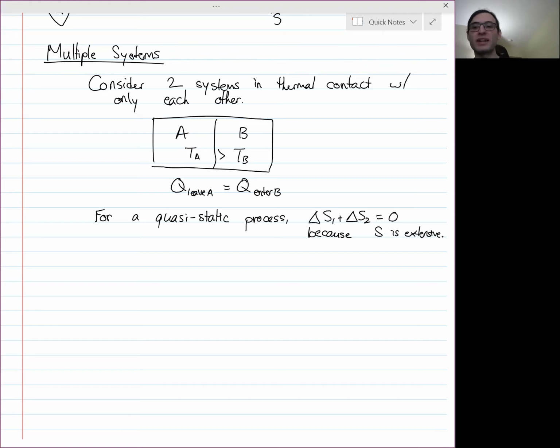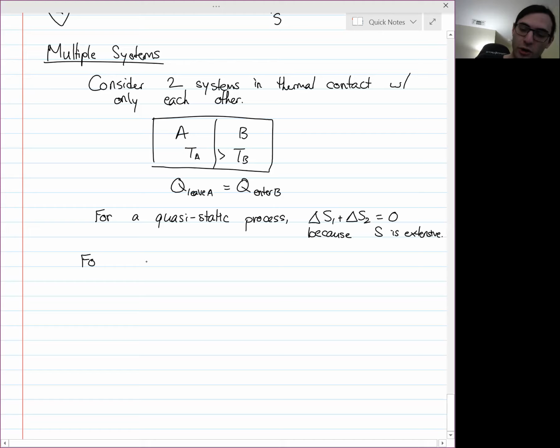Because the entropy is a state variable, treating them as a single state, there's only internal things happening. There's nothing external happening in this process. It's just reaching equilibrium. So there should be no change in entropy. If we could get a quasi-static process where this happens, there'd be no net change. The change in entropy of one plus the change in entropy of the other would be 0. But that's not generally what happens.